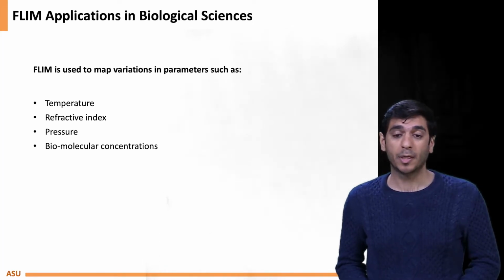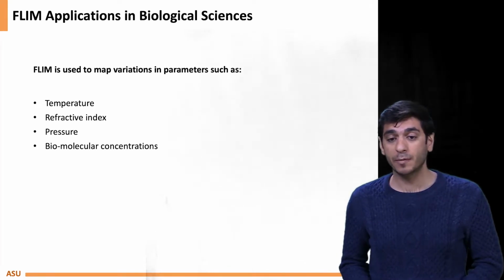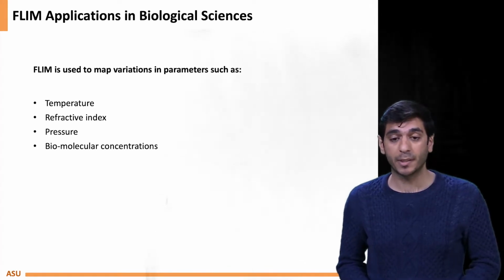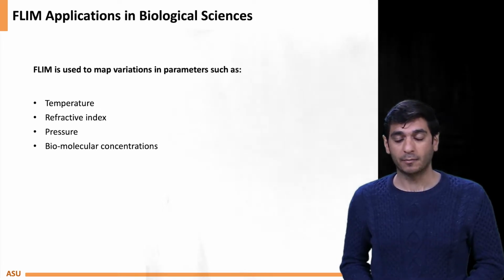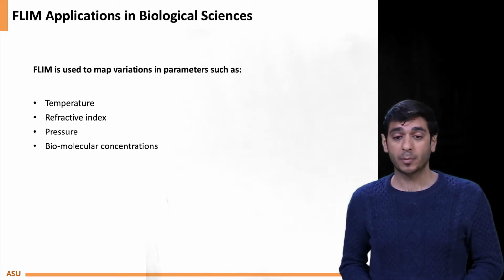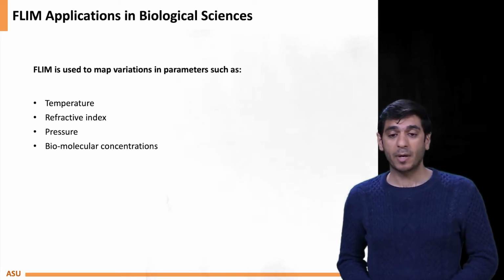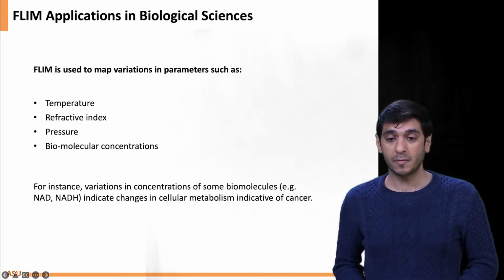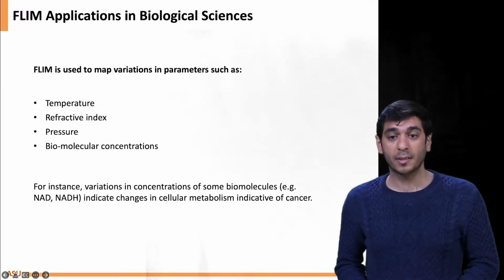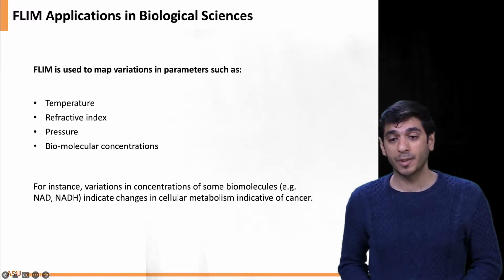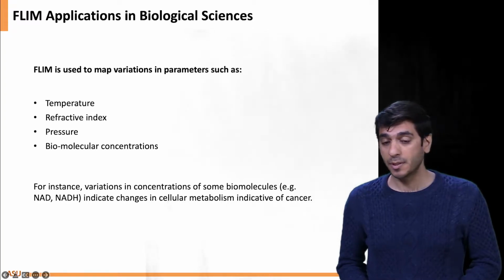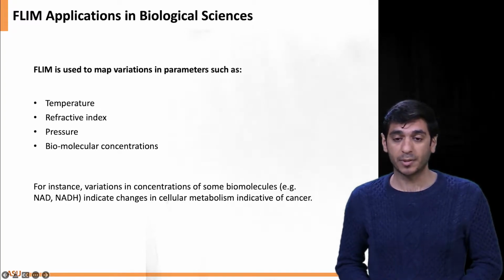For example, variation in temperature, refractive index, pressure, and the concentration of different biomolecules. Inspecting the variation maps of these parameters is important because they can indicate cell dysfunction due to different diseases, for example, cancer.